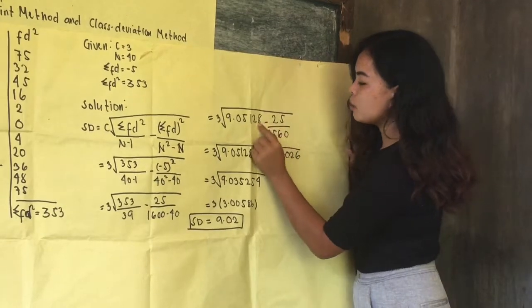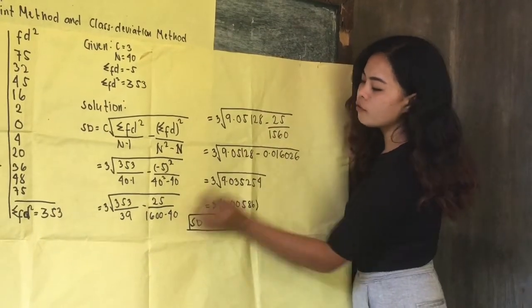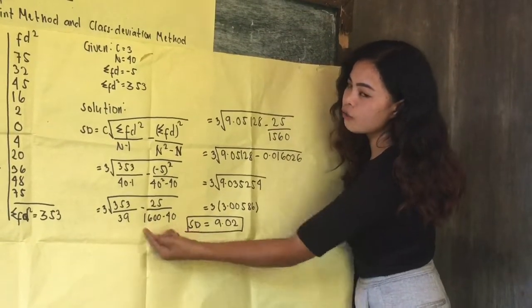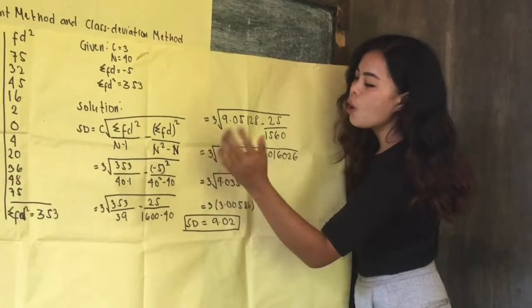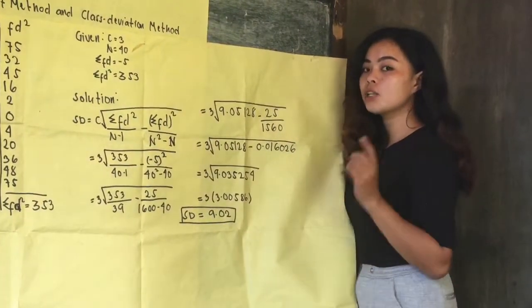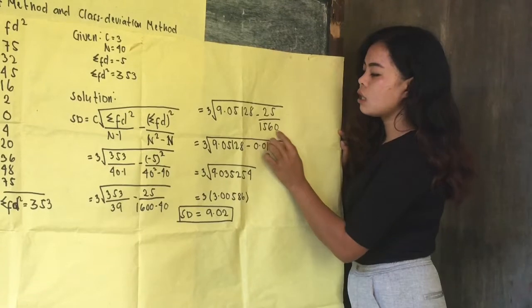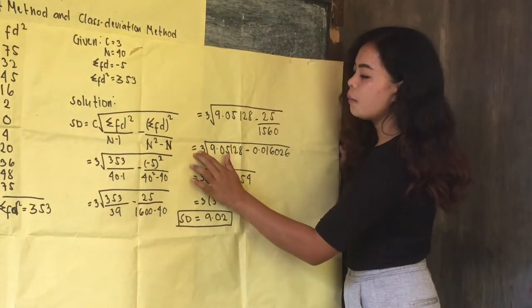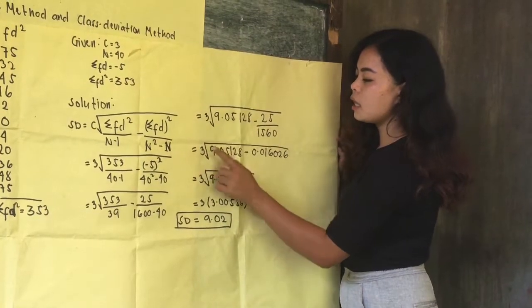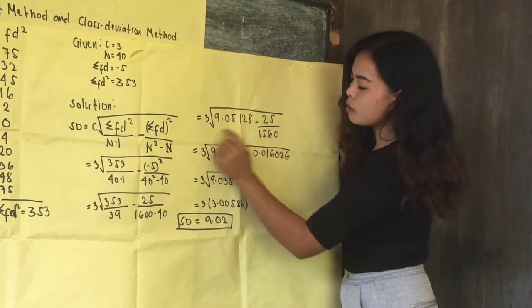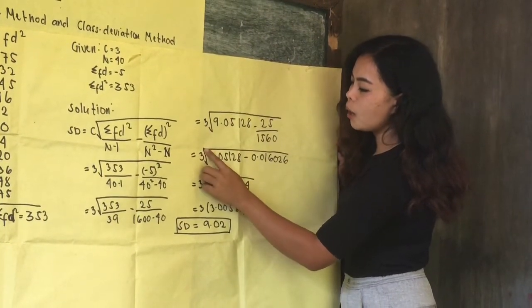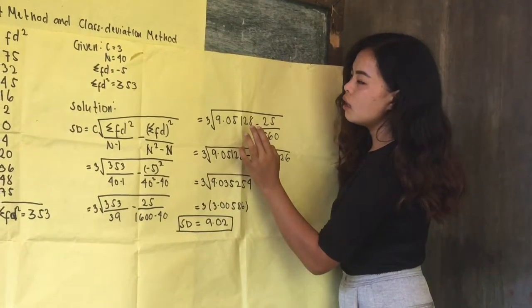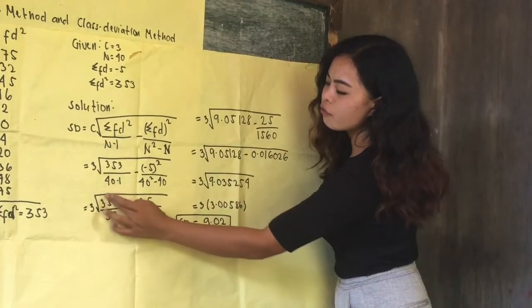Then minus, copy the 25 and get the difference of these two values. So 1,600 minus 40 is 1,560.